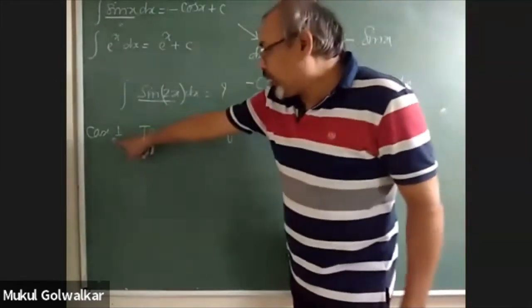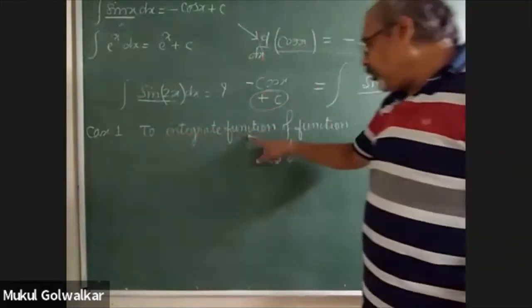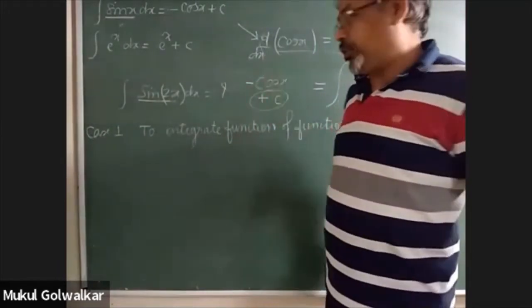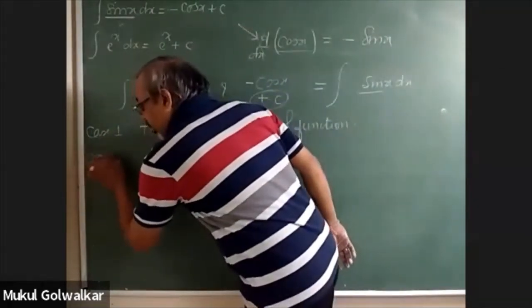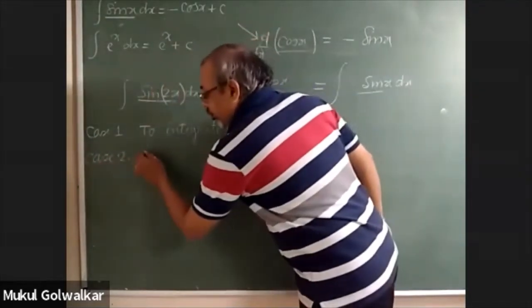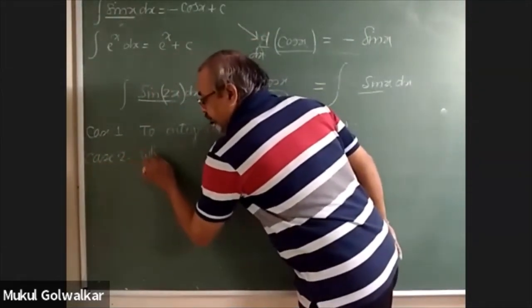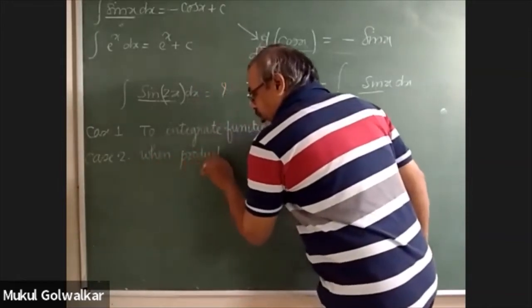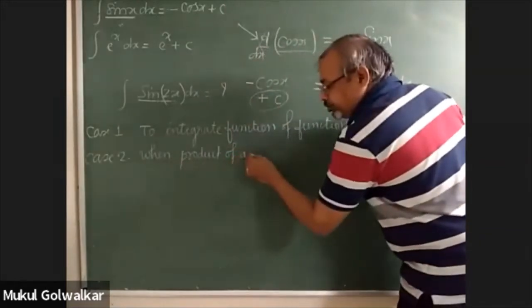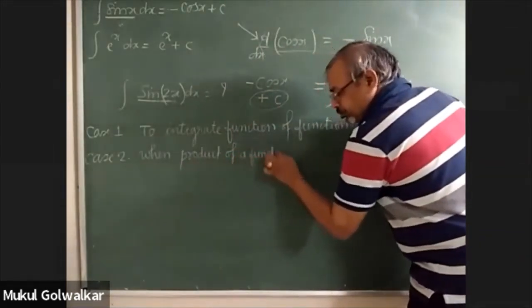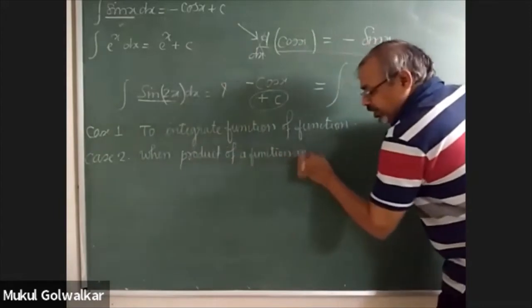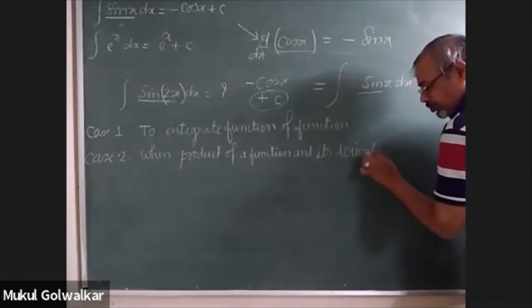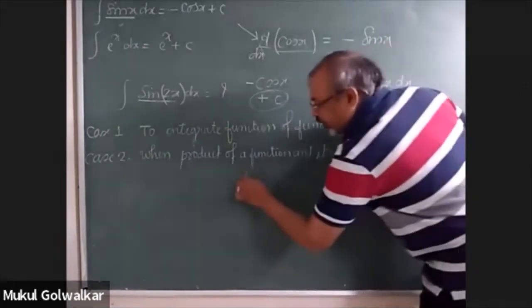So case one, what I said, to integrate a function of a function, we make use of integration by substitution. Case two: when the product of a function and its derivative is to be integrated.